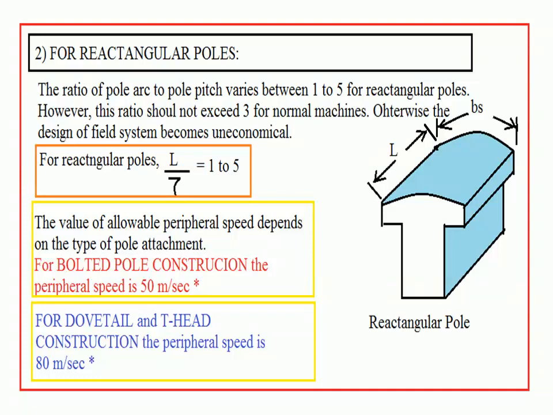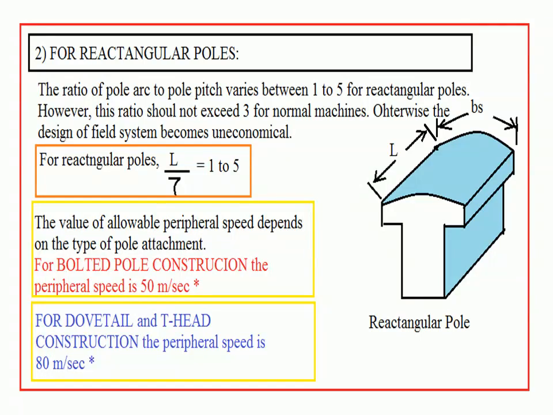Next one, for rectangular poles. Again it is shown in the figure. It is a rectangular pole type. The ratio of pole arc to pole pitch varies between 1 to 5. In general, the ratio should not exceed 3 for a normal machine. Otherwise, the design of the field system becomes uneconomical.